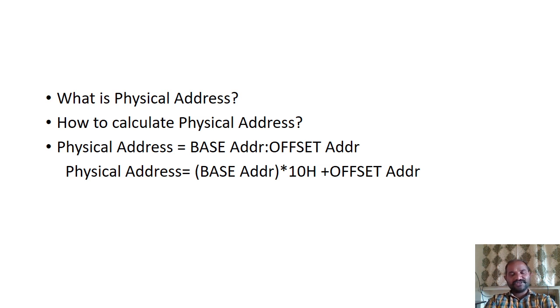Till now we have seen the segments explanation, but for the stack segment there are two registers to hold the offset address: the base pointer register and the stack pointer register, which is used by the microprocessor to hold the offset address of the stack segment.